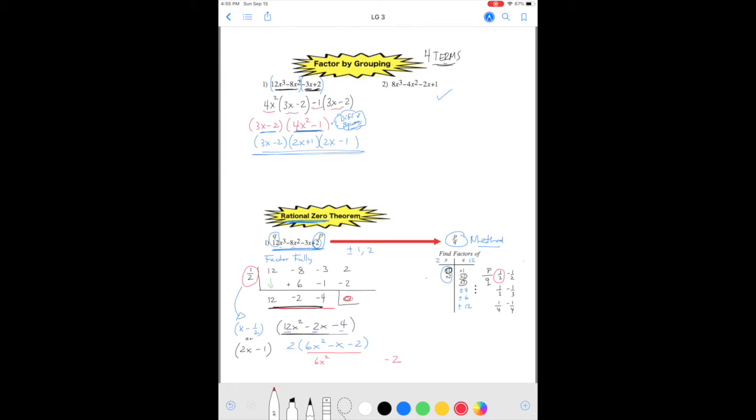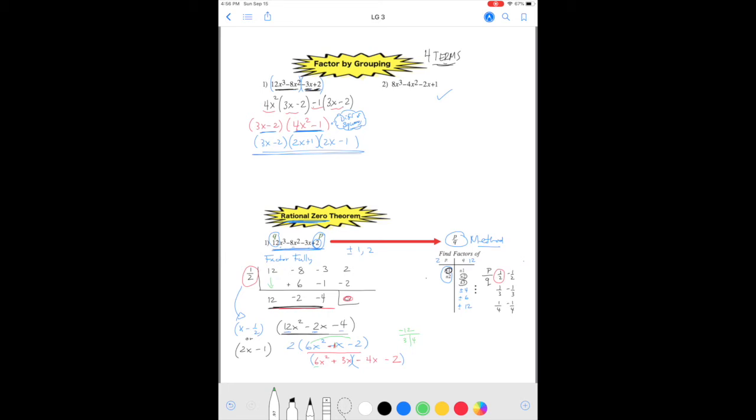Minus 2 times that to get minus 12. I'm trying to get a 1, so I know it's a 3 and a 4. Let's put in a 3x, and let's put in a 4x. I'm trying to get a negative 1, so negative and positive. So let's group, and let's see what we get.